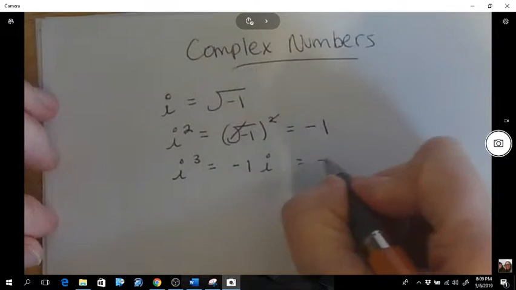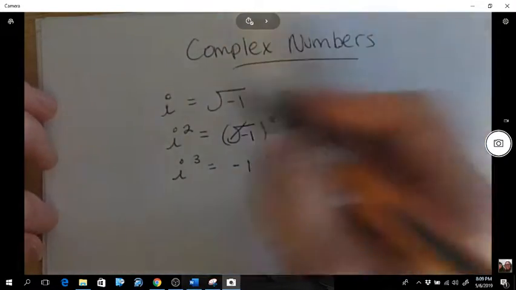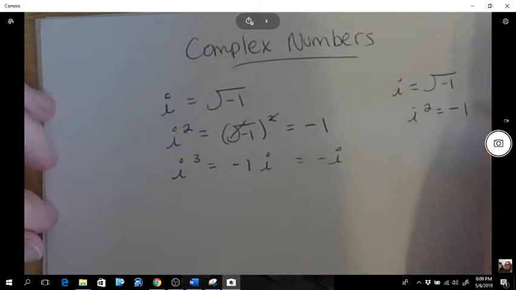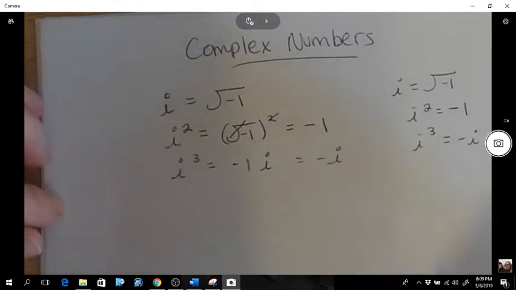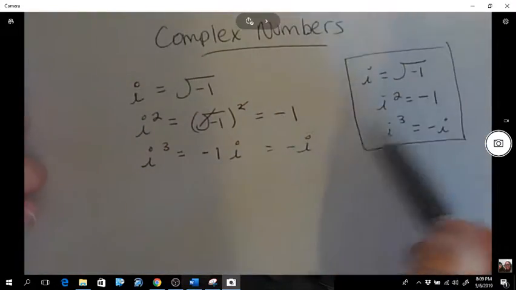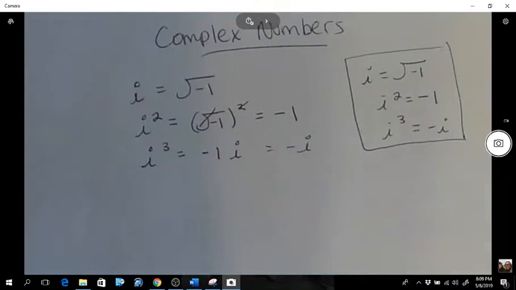So -i. Okay, so that's important to know. i is the square root of -1. i squared equals -1. And i cubed is equal to -i. Okay, and it all derives off of i being equal to the square root of -1.